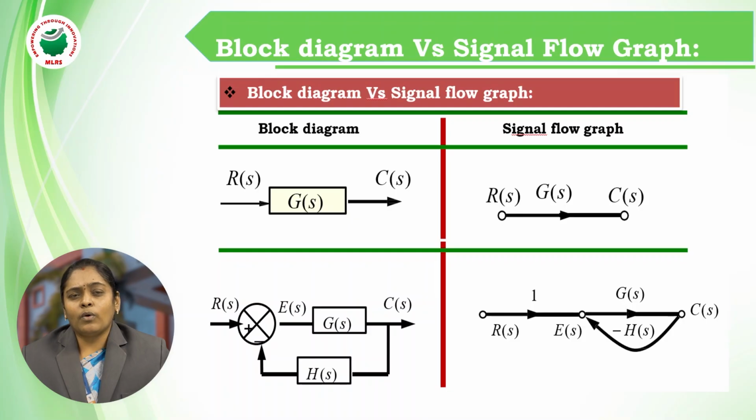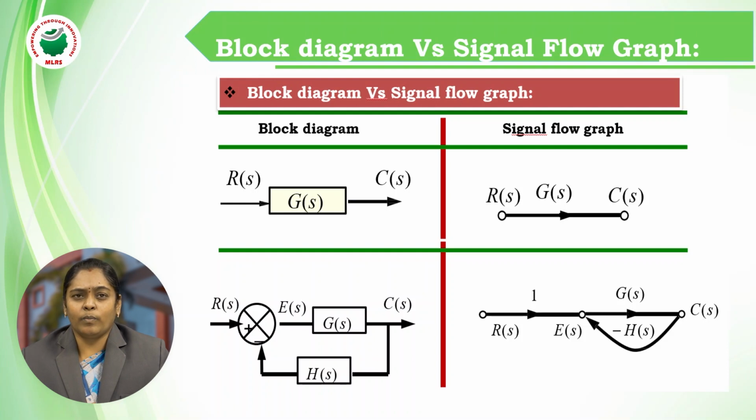The difference is, in case of an open path, the signal may travel from input to any intermediate node. It is not compulsory that it should end at the last. But in case of a forward path, the path should start from the starting node and definitely end at the output node. That is called a forward path.